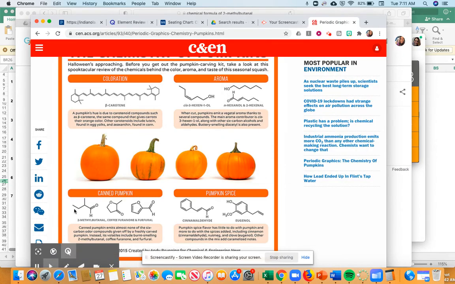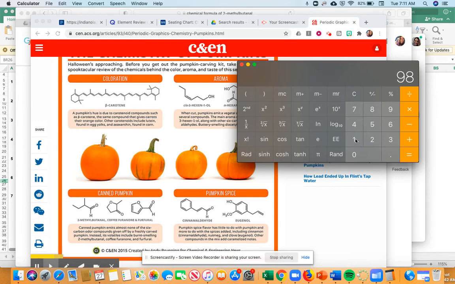We've got C5, 1, 2, 3, 4, and 5, C5, H10, and O. So that's C5 times 12 plus the hydrogen plus our oxygen is going to give us 26 grams. That's not right.